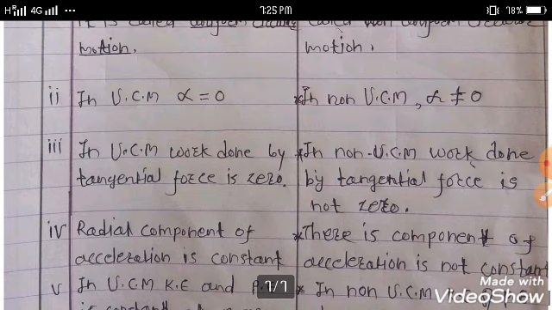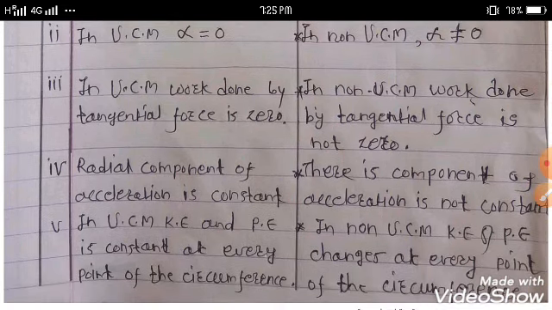Fourth point. In a uniform circular motion, the radial component of acceleration is a constant. In a non-uniform circular motion, the radial component of acceleration is not a constant.